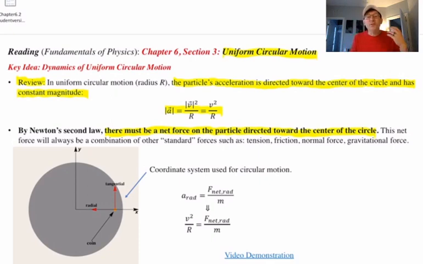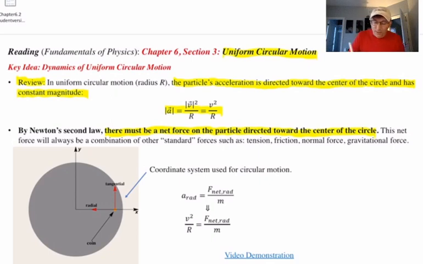And that's just Newton's second law. If there's an acceleration directed towards the center of the circle, there must be a net force towards the center. And that's really all we're going to be saying in this whole section. Has to be a net force towards the center of the circle if the particle is going to move with uniform circular motion.